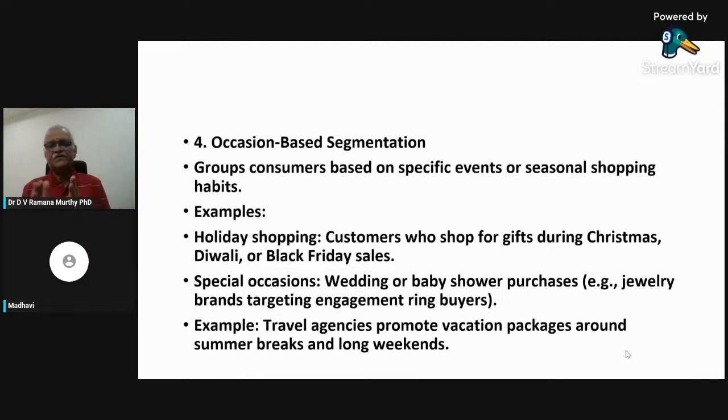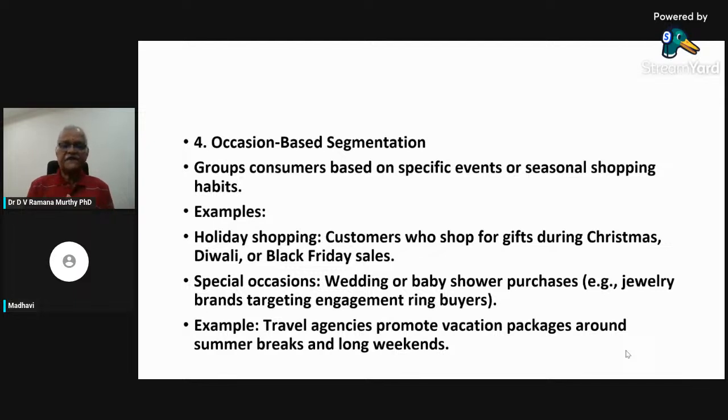For example, customers who shop for gifts, say during Christmas, Diwali, or a Black Friday sale announced on Amazon, or weddings, any special occasions, birthdays, or any festive days.